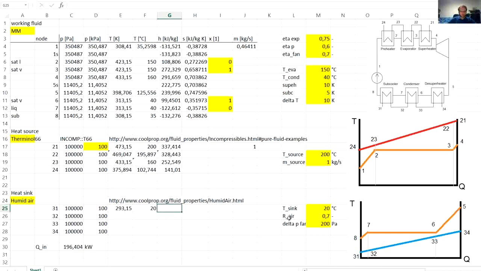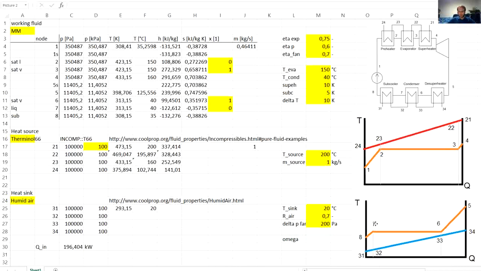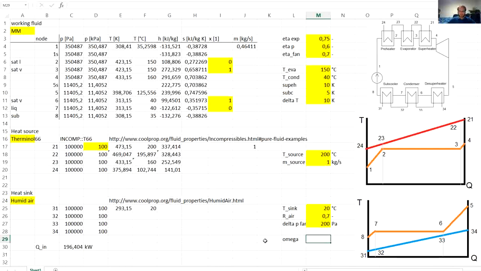Now, when we calculate with the humid air, which will be heated up, the relative humidity is not a suitable variable anymore because it will change, but what will not change is the absolute humidity in kilograms of water per kilogram of dry air. Typically the symbol used is omega, and the humid air in CoolProp has a specific syntax, HAPropsSI, like humid air properties SI.